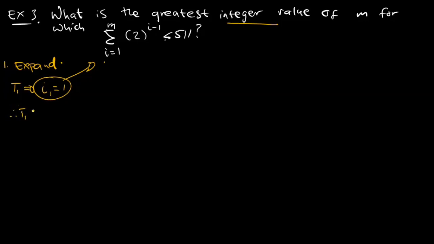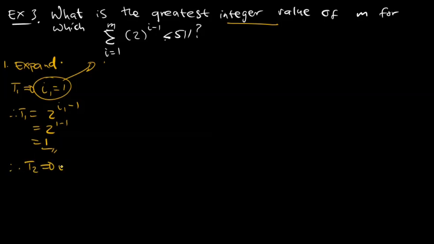Therefore, T1 will be, you take the expression as is, 2I1 minus 1. So when you replace, it's 1 minus 1, which is 2 exponent 0, which is 1. Okay?